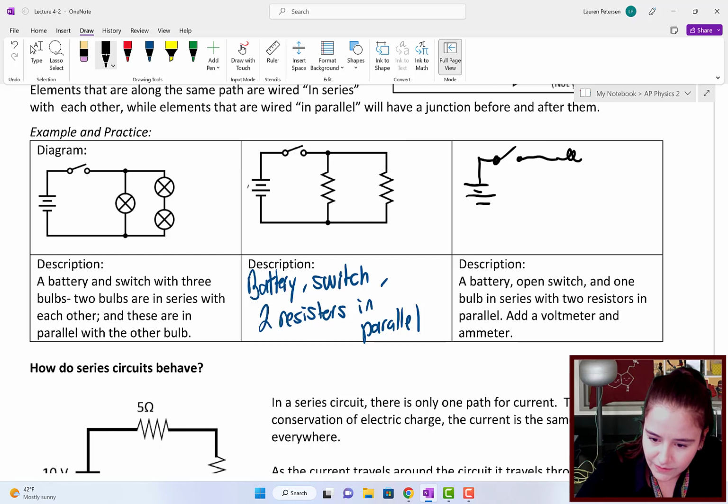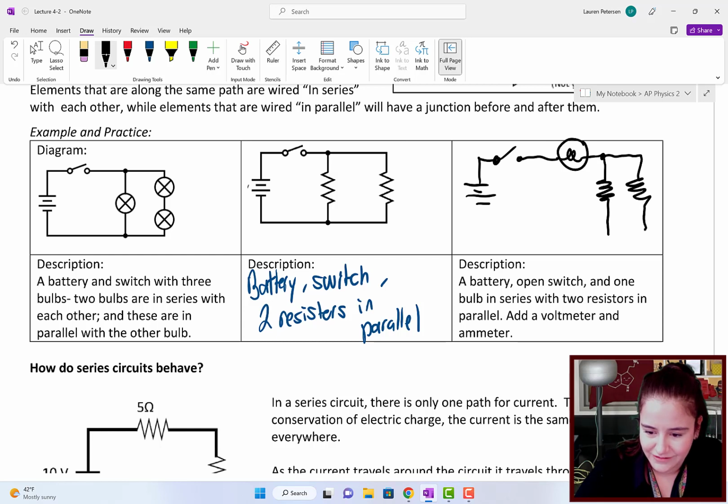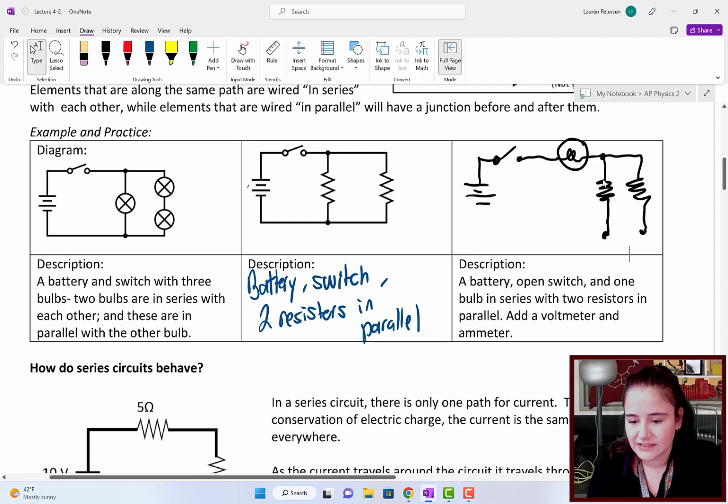I'm going to do my bulb that is in series with 2 resistors in parallel. So there's one of those resistors in series with that bulb, but it is in parallel with another resistor. These 2 resistors here are in parallel with this light bulb, and they're in series with that whole thing.